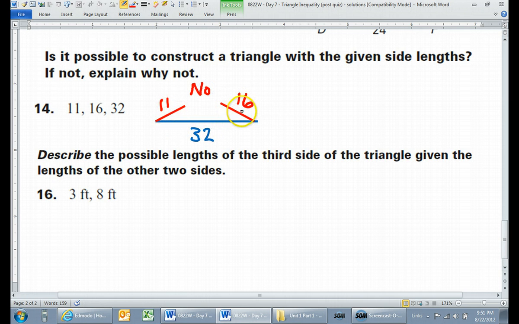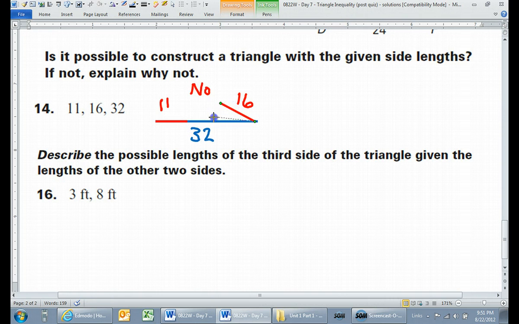11 plus 16 is 27. So that's the greatest length that could be made. If these stretched all the way towards each other, they just would not reach. Okay, so say this 11 stretched all the way down like this. You know, worst case scenario is flat.